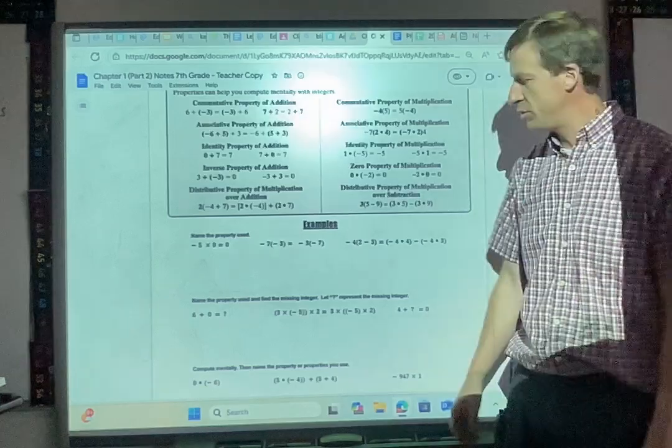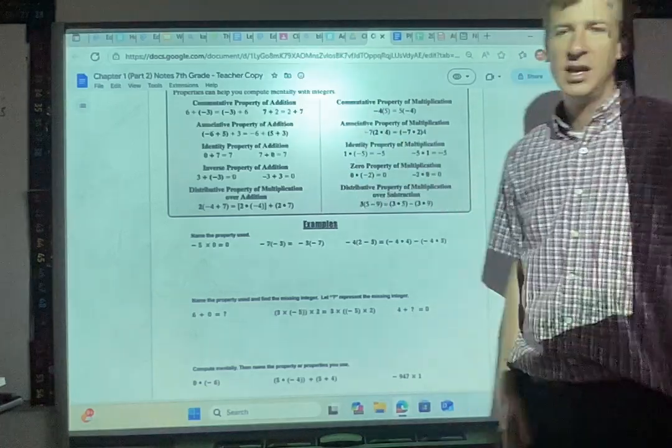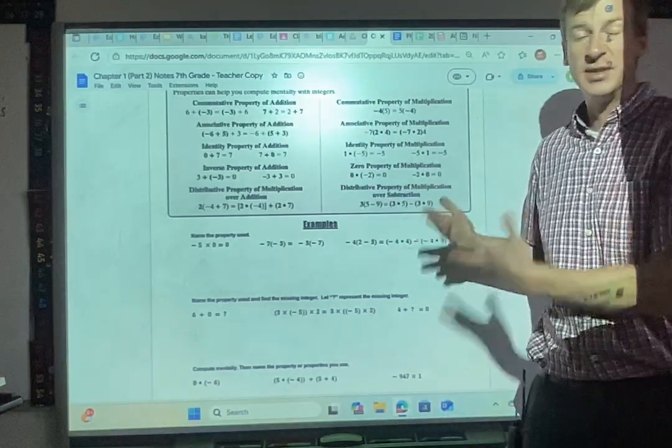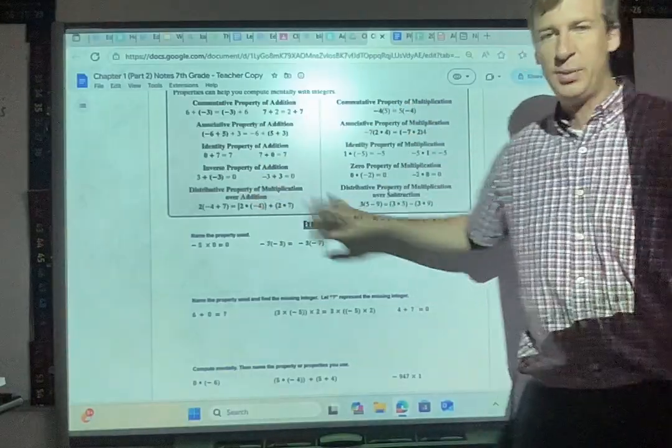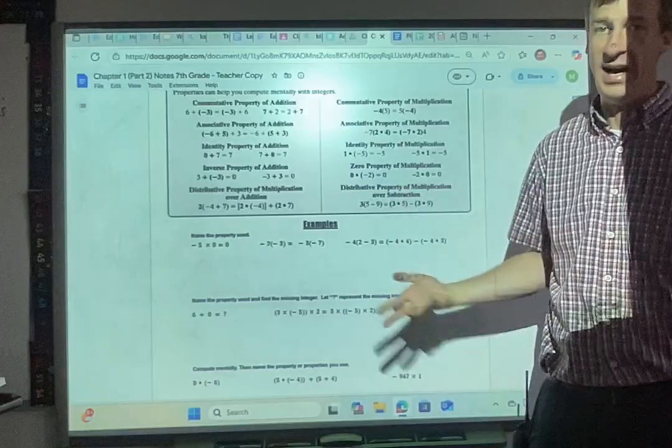All we're doing in this chapter is identifying these properties and also using them to solve problems. The whole reason we learn these properties is that it makes the math a lot faster.